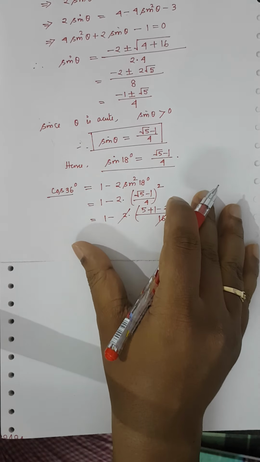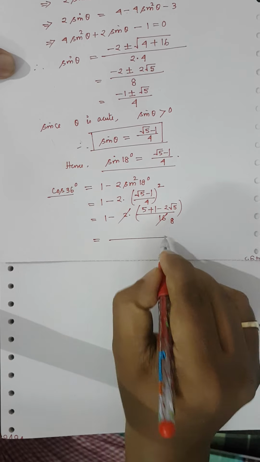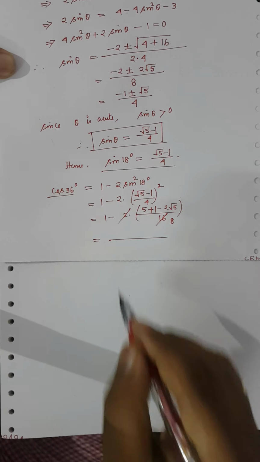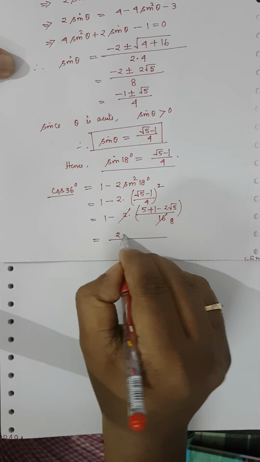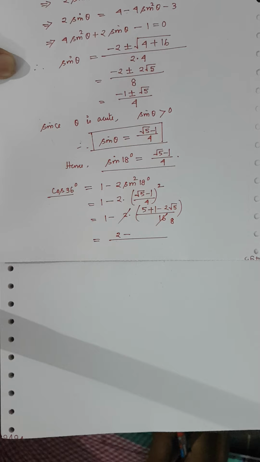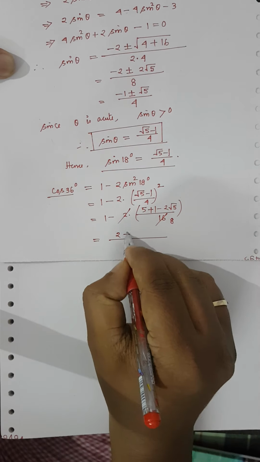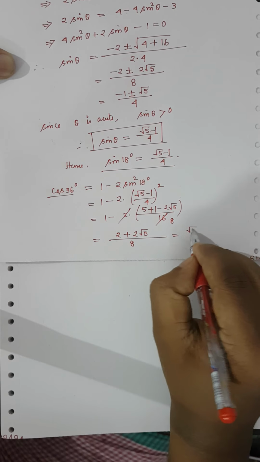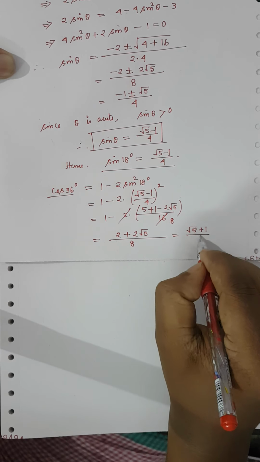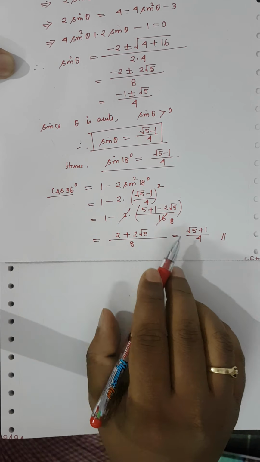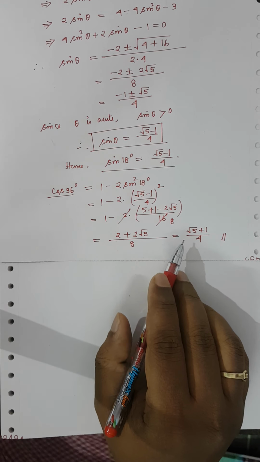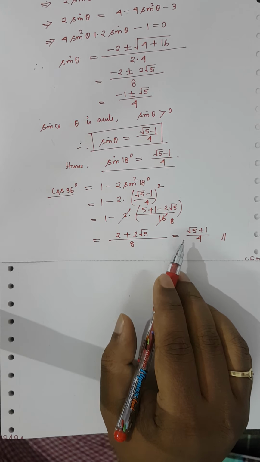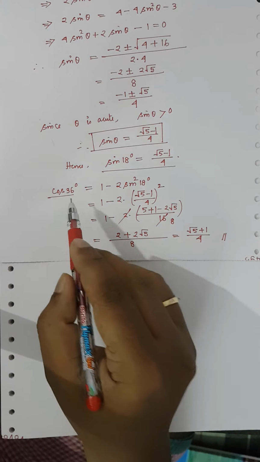Now further if I calculate, take LCM, this is 8 minus 6 which is equal to 2 plus 2 root 5 by 8, hence your answer will be root 5 plus 1 by 4. This is the value of cos 36 degree. Similarly, you can evaluate the value of sine 72 degree, sine 54 degree using these results.